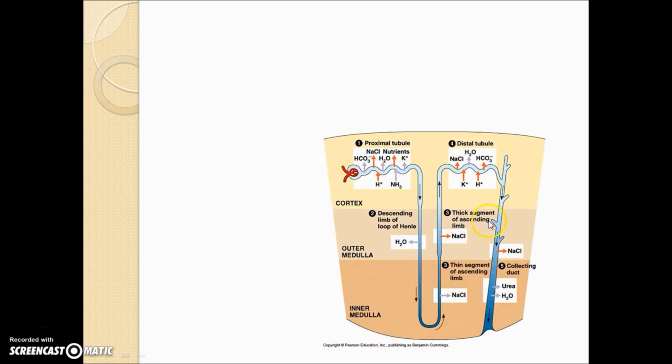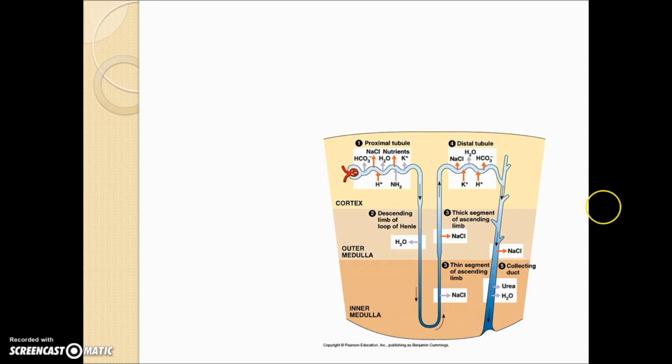Along all these tubules, there is a selective reabsorption of glucose, salts, and some water, okay? The remaining liquid contains urea, that is the nitrogenous waste, plus salts, plus some water.